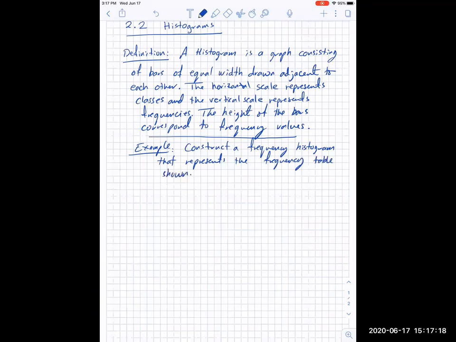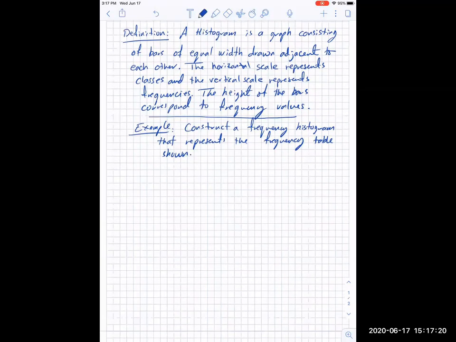Construct a frequency histogram that represents the frequency table shown.